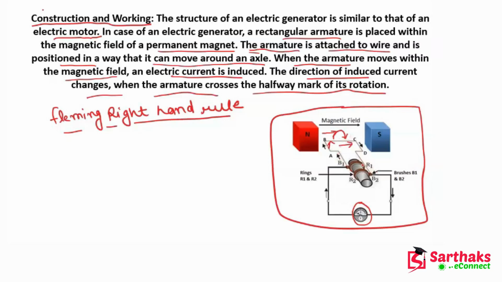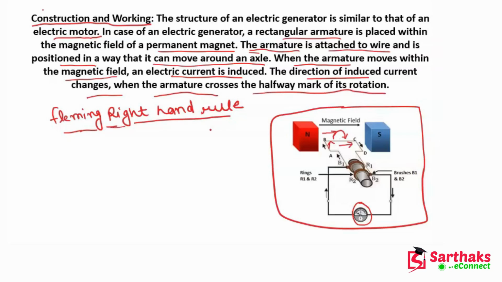So here a current will be induced, because in a generator we give mechanical energy and it converts into electrical energy. So that's why this works on the principle of electromagnetic induction, and that's why we apply the Fleming right hand rule.